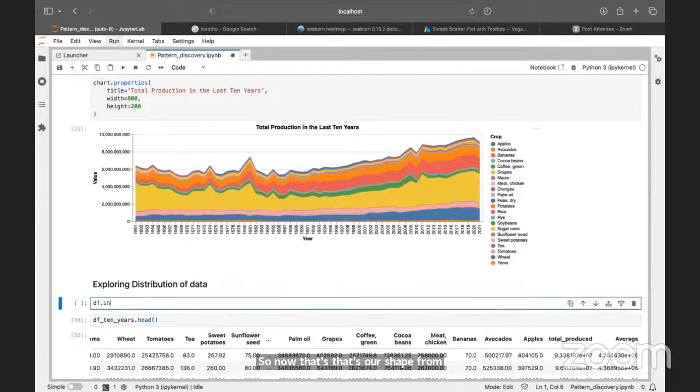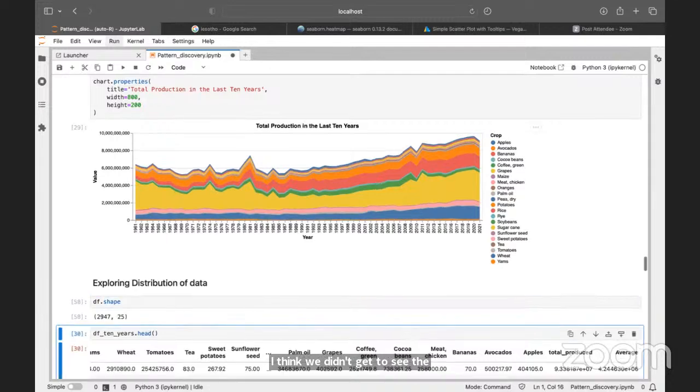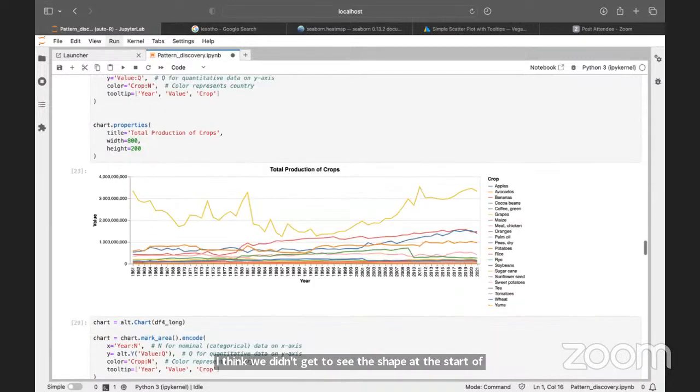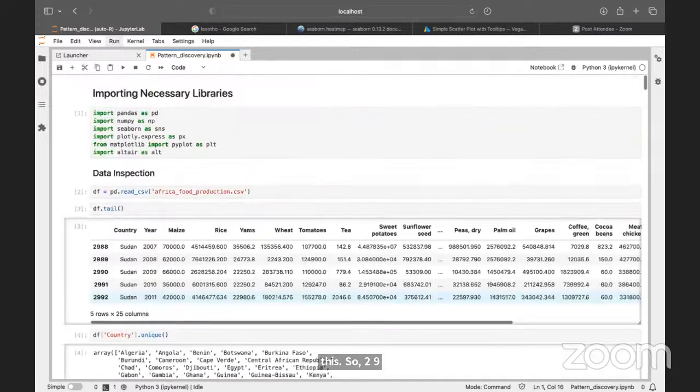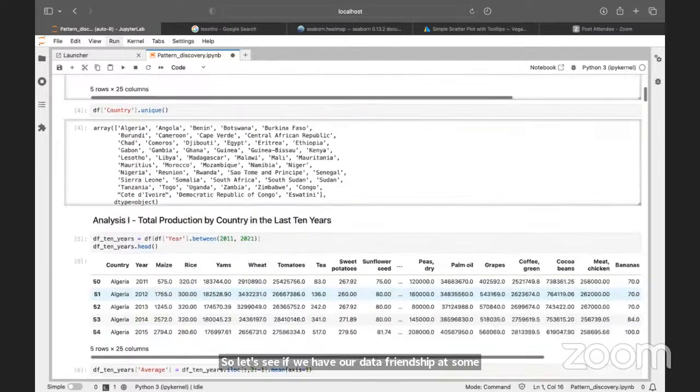We didn't get to see the shape at the start of this. So 2947. Let's see if we have our data frame shape at some point here. Probably took it out.